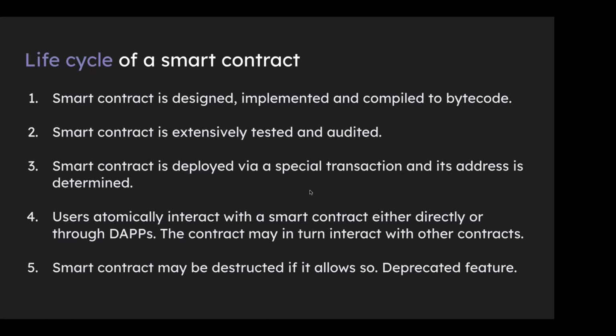To place the smart contract on chain, you have to assemble a special transaction that has the to field as address 0 and the data field as the smart contract's bytecode.